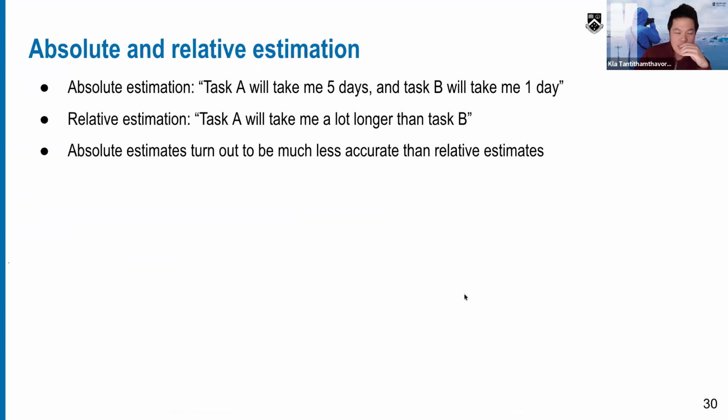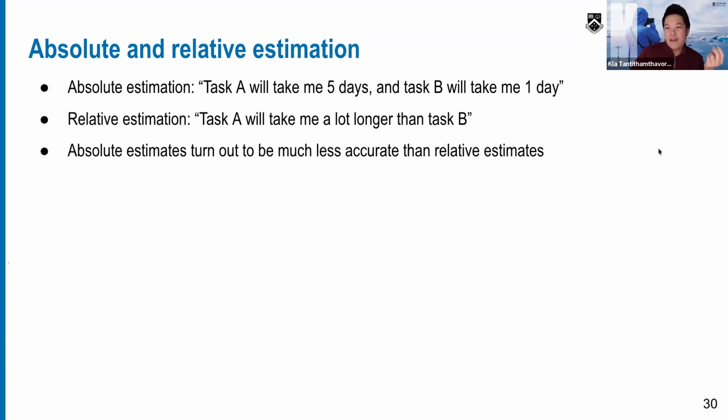However, when you do the estimation, it's really about two aspects: an absolute number or a relative number. An absolute number, for example, is: based on this feature, I need 5 days, and for task B, I need 1 day. That kind of thing is absolute estimation.